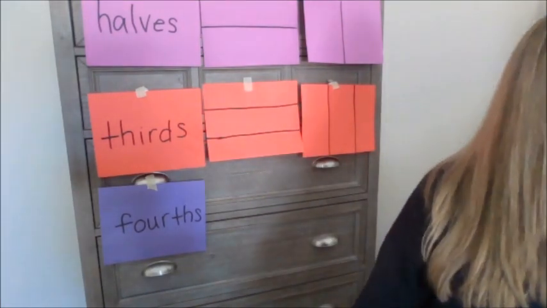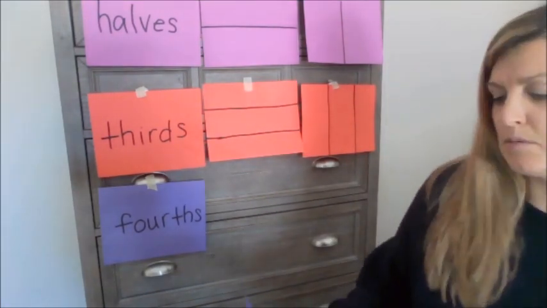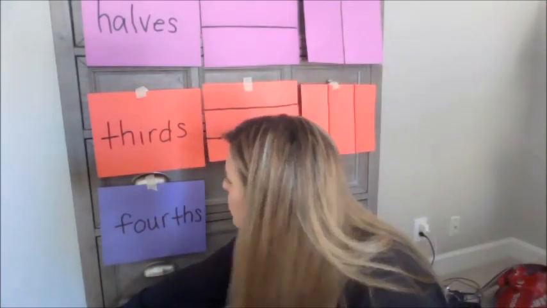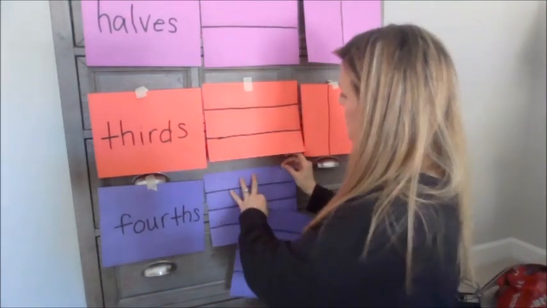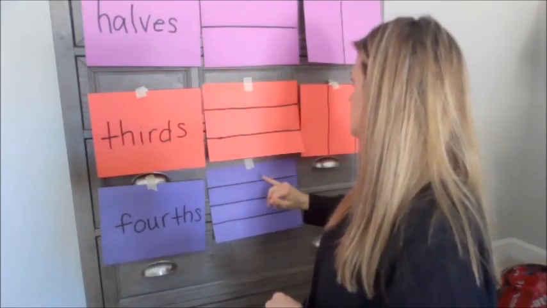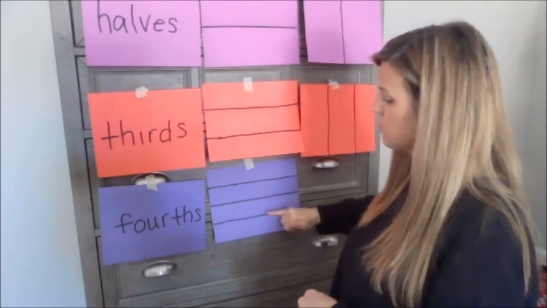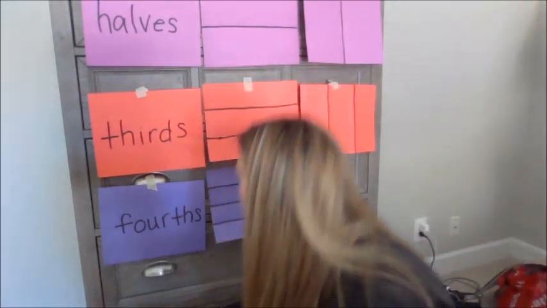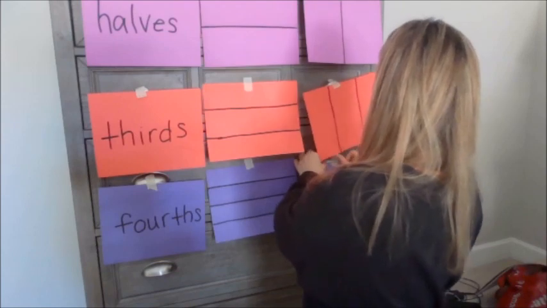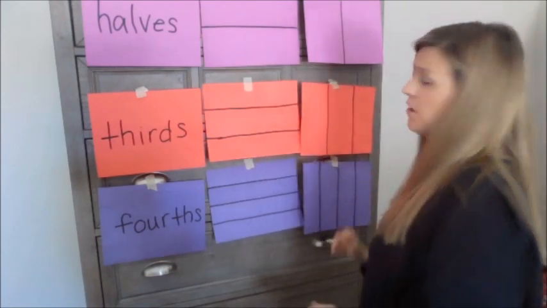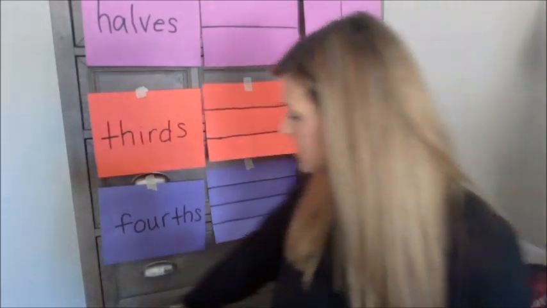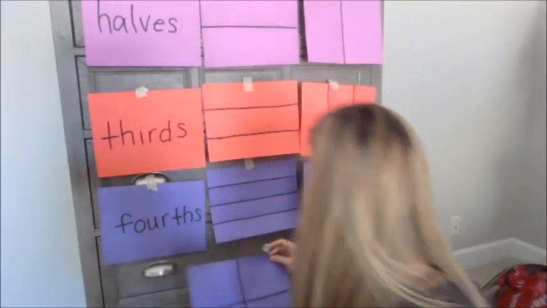All right, so you also can split a rectangle or divide a rectangle into 4 equal parts. Hot dog style, 1, 2, 3, 4. And hamburger style, 1, 2, 3, 4. But there's also one more way that you can split a rectangle into fourths.